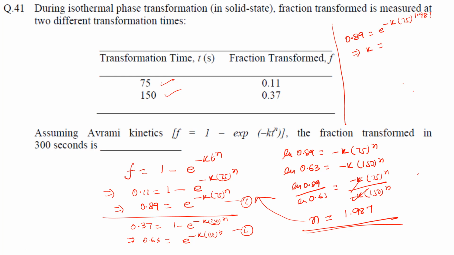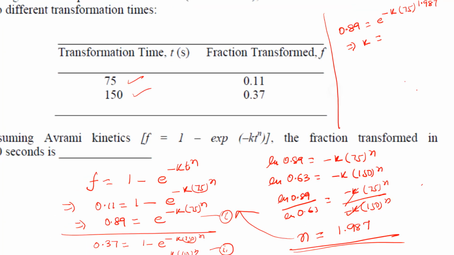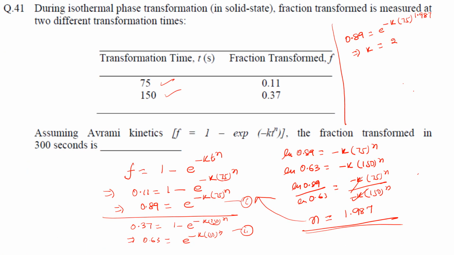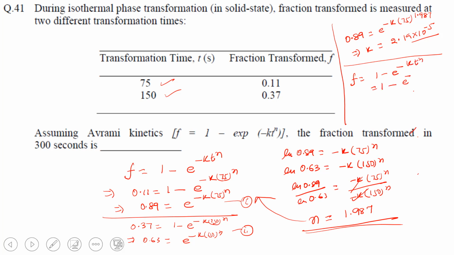If you calculate k, then it will be 2.19 into 10 power minus 5. Okay. Now you know k, you know n. So for the case of 300 seconds, you can directly use the equation. So f equal to 1 minus e to the power minus k t to the power n, right? So 1 minus e to the power minus k. K is how much?